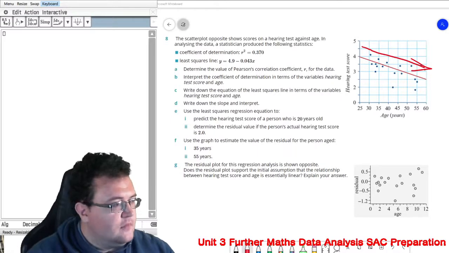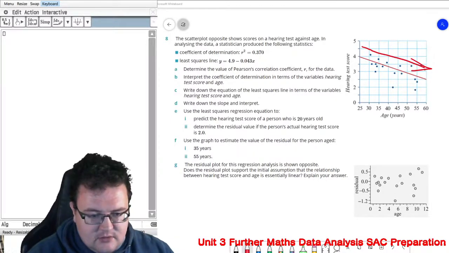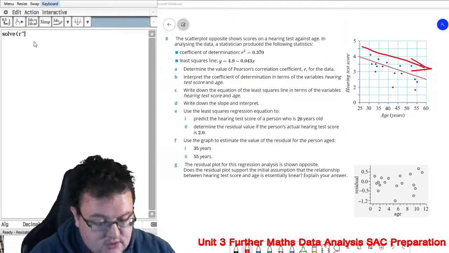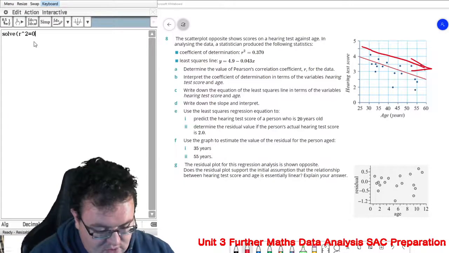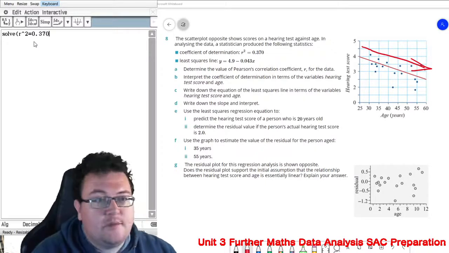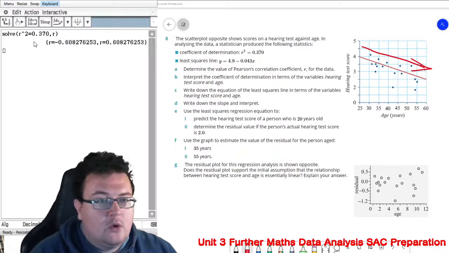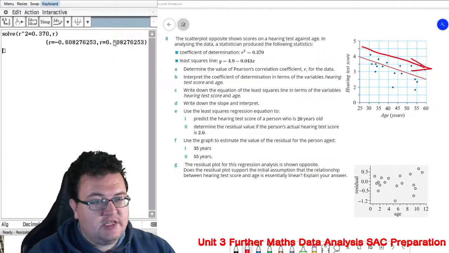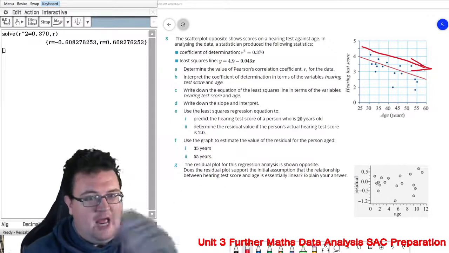So, in our CAS, solve R squared equals 0.370, comma R. We have two values, negative and a positive, because again, our graph is negative.